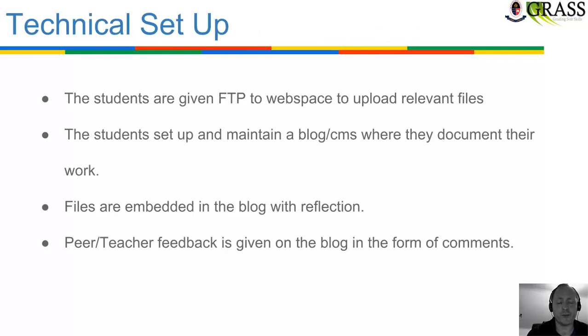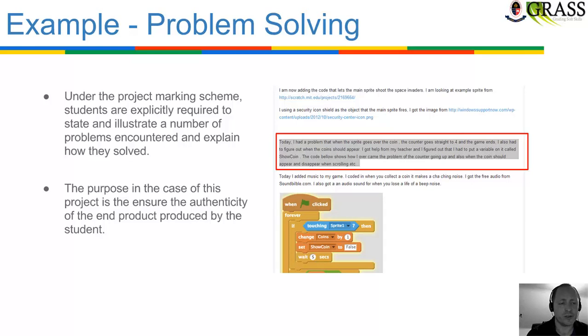This is in fulfillment of a pilot Leaving Cert Computer Studies course that we run with the University of Limerick. To this end, the students are given FTP access to web space to upload the relevant files. The students set up and maintain a blog or a content management system where they can document their work, and files are embedded in that blog with the student reflection, and peer-teacher evaluation and feedback can be given directly on the blog or through the VLE entries in the gradebooks.